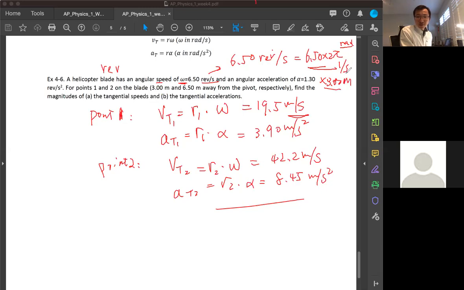Meters. Yeah, you're right. Based on that, it should be 19.5 times 2 pi, meters per second. Am I right this time? Any other student find this problem?